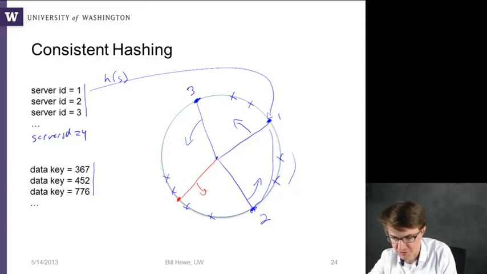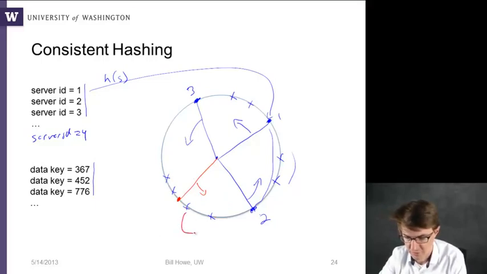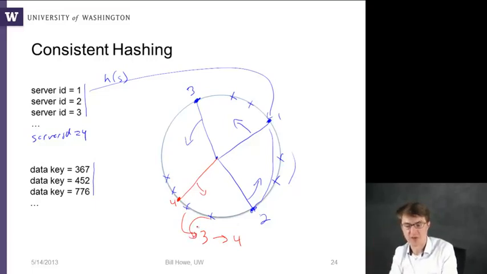It should be responsible for every key in this region, which means that these two guys need to be moved from server 3 to server 4. Right? But you only have to move that one section of data. And so it splits at most sort of k over n data items.